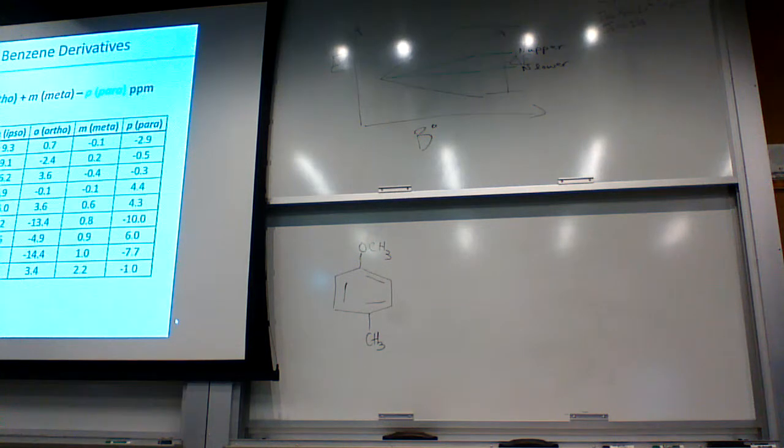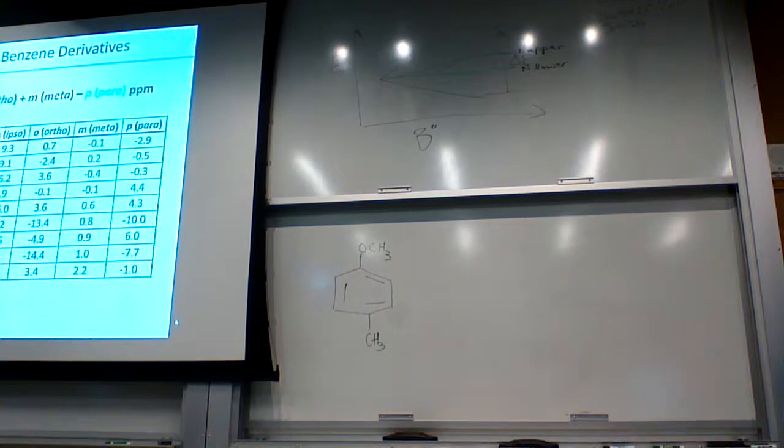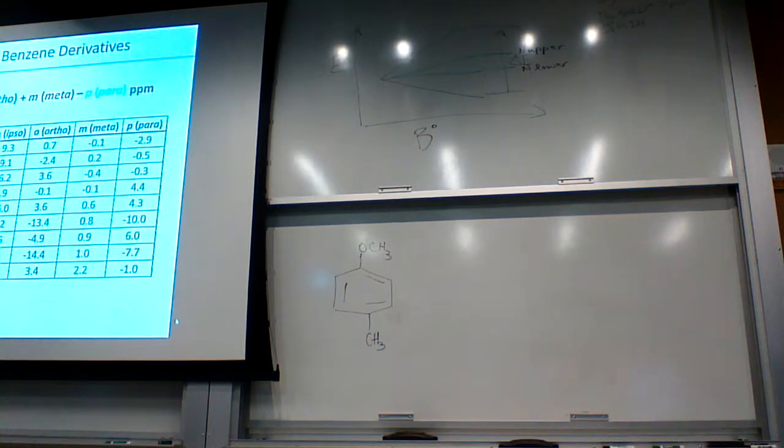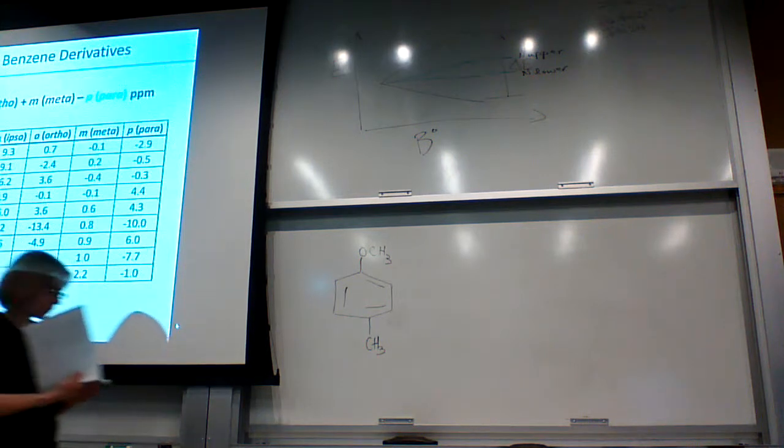But when we're talking about carbon, we also care about the carbon with the substituent directly attached to it. So we can call that the alpha, or a lot of times it's labeled as the ipso carbon. So the carbon that's directly attached to the substituent is ipso.